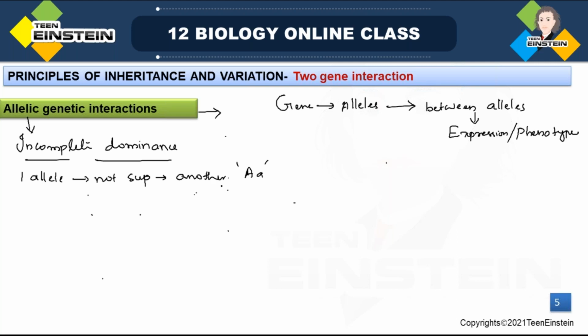Both alleles will come. For one gene, both alleles will be there. So the heterozygous expression is an intermediate phenotype. This we have already explained. It will form an intermediate phenotype that is different from the homozygous parental genotype. That's why in the Snapdragon, we discussed the cross between pure red and pure white.